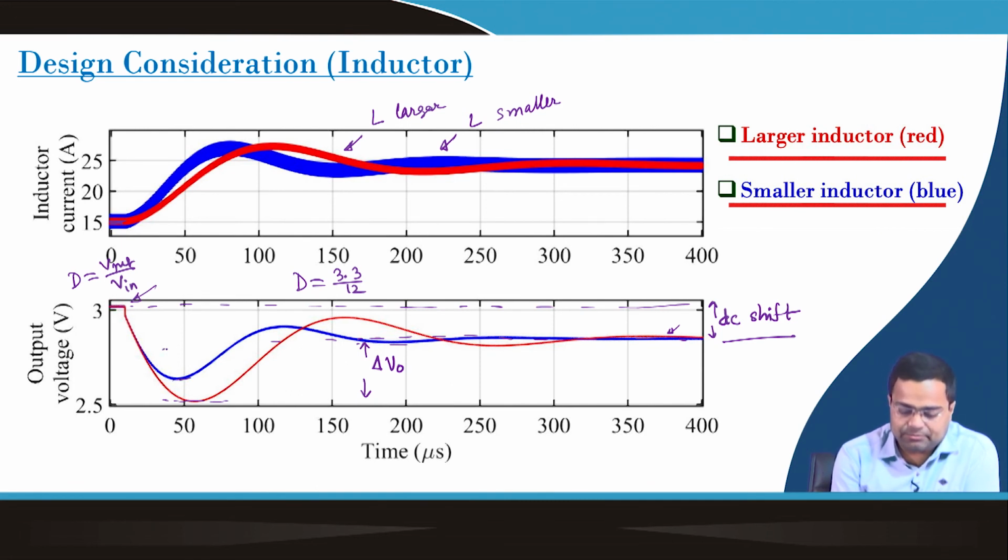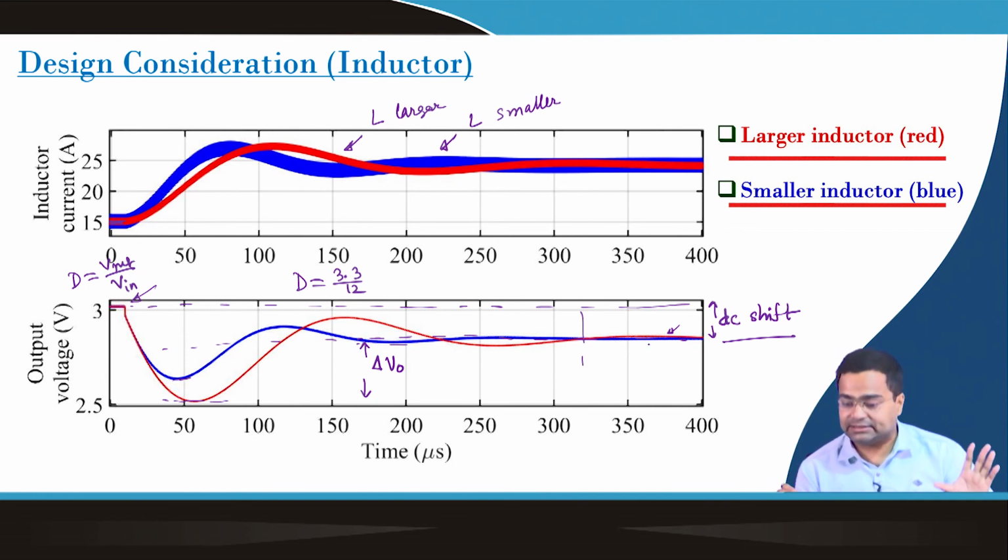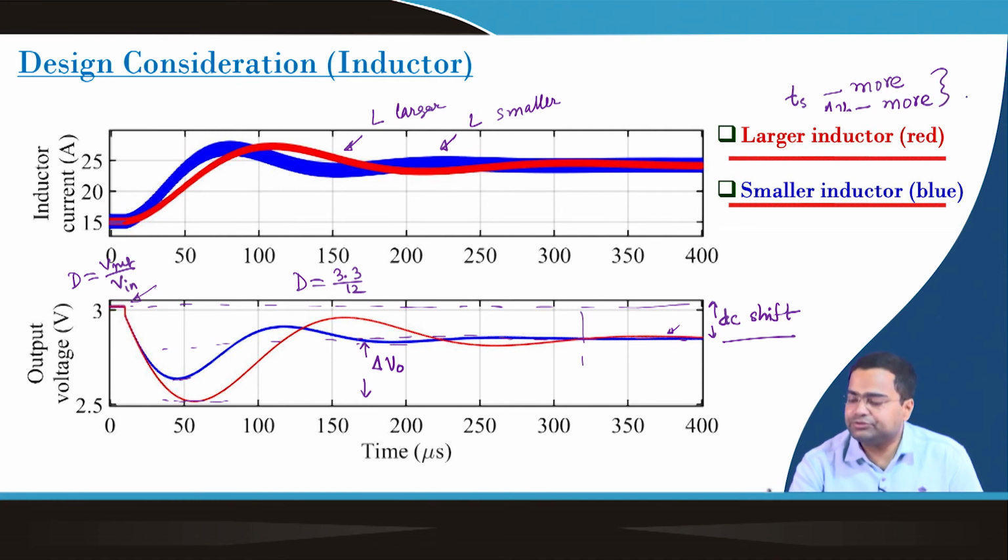Also, if you see the settling time, that means how long it takes to come to steady state, that also increases. So, for a larger inductor, our settling time is more, and the delta V0 undershoot is also more, and this can be reduced using a smaller inductor. That means the choice of inductor is also important in terms of dynamic performance.